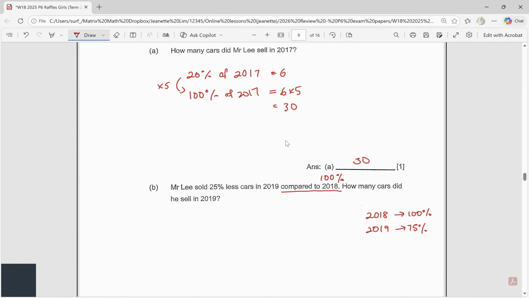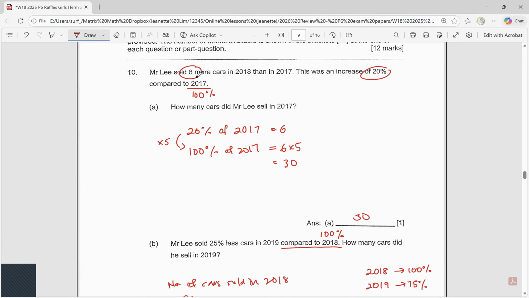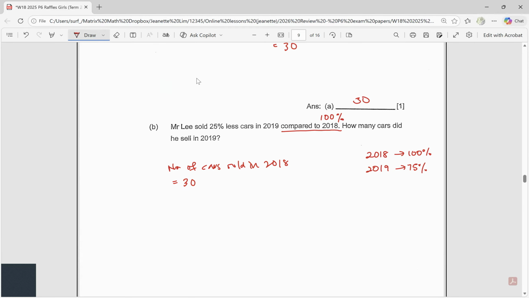So the number of cars in 2018 is 2017 plus 6, which is 36.